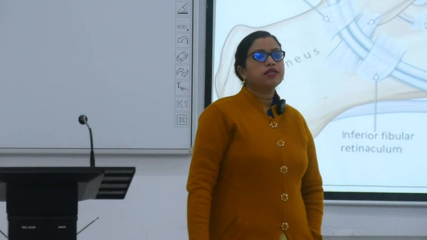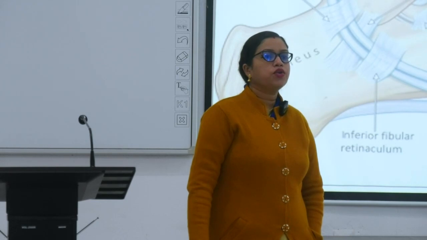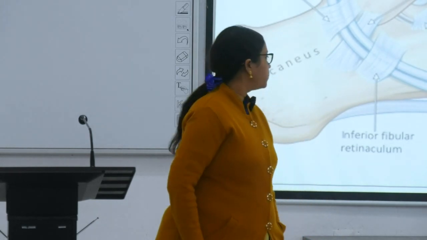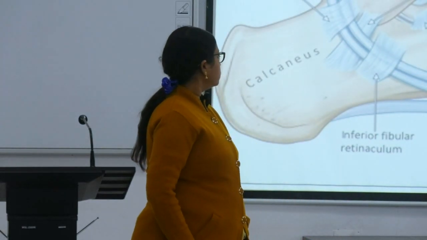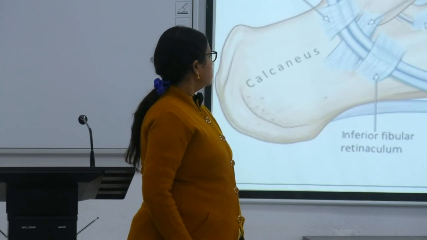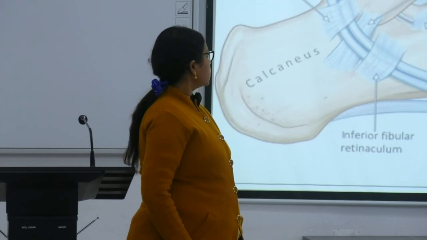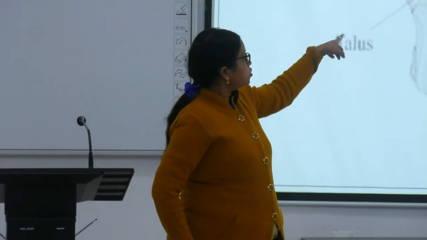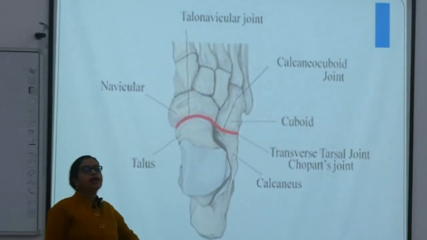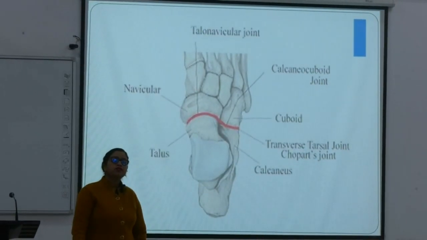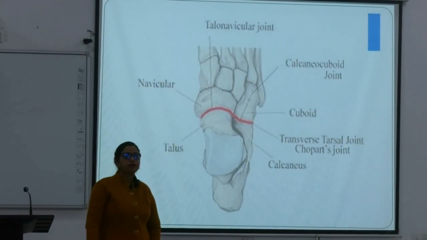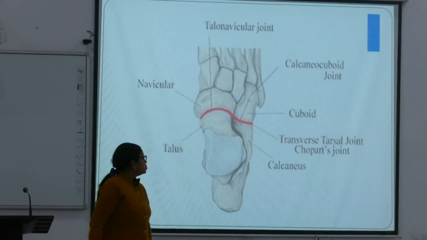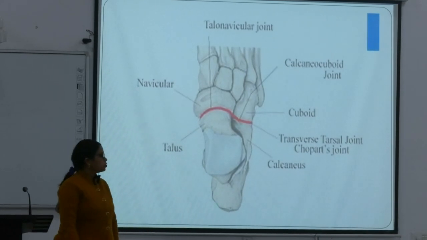So these are the two ligaments of the calcaneocuboidal joint. Next, this joint line going through is nothing but the transverse tarsal joint or mid-tarsal joint.